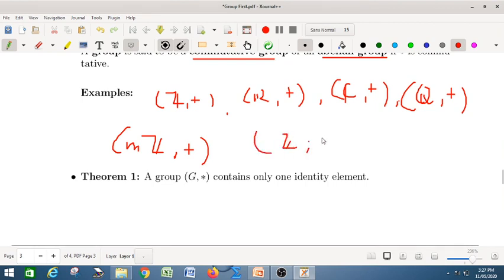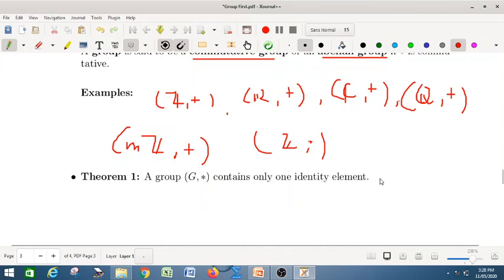You will ask why? Because 1 is the identity, but in Z, inverses of only minus 1 and 1 exist, and other elements do not have an inverse. So Z with respect to dot is not a group.